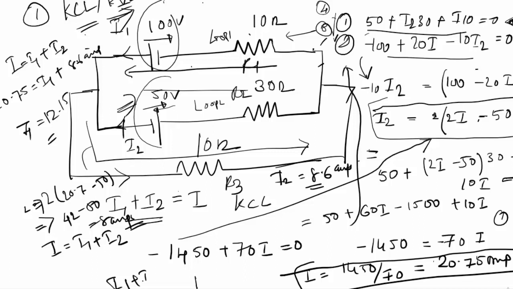We did not apply any series or parallel simplification here, but by using both KVL and KCL it became possible to find I1, I2, and I in all the branches. So there are multiple ways to do the same thing, and this was one of the ways which I just demonstrated.